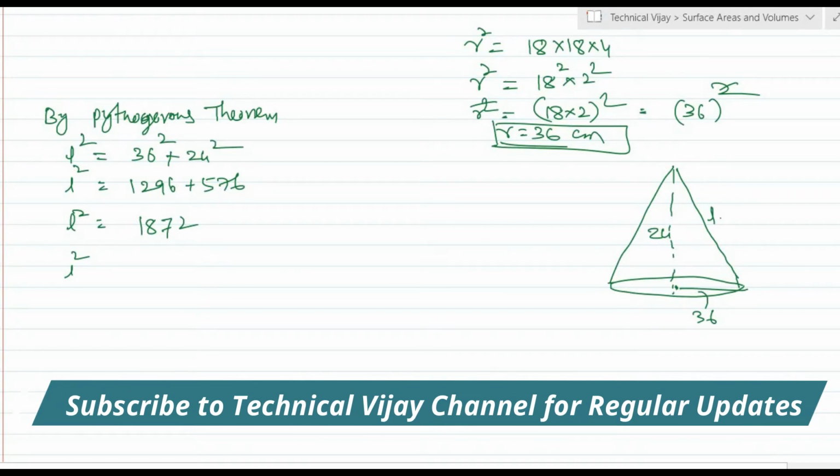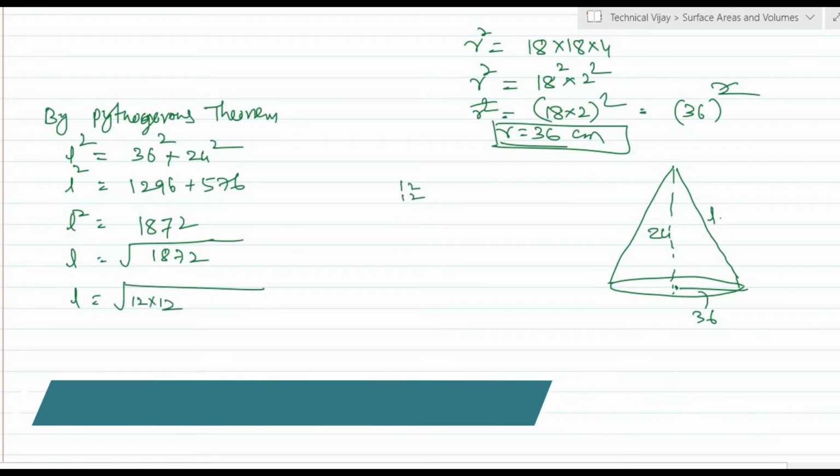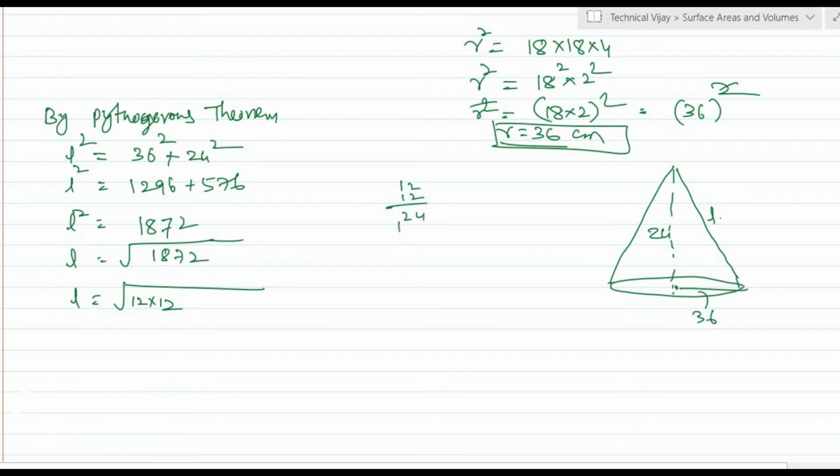Hence L is equal to the square root of 1872. This 1872 we can write as 12 into 12, that is 144, into 13.